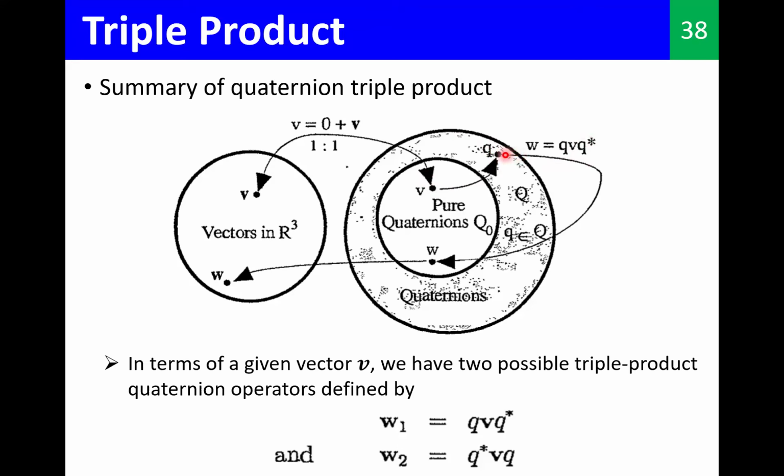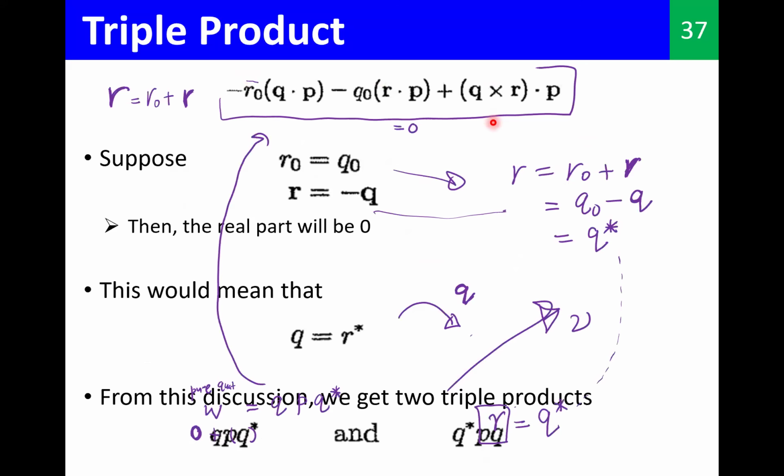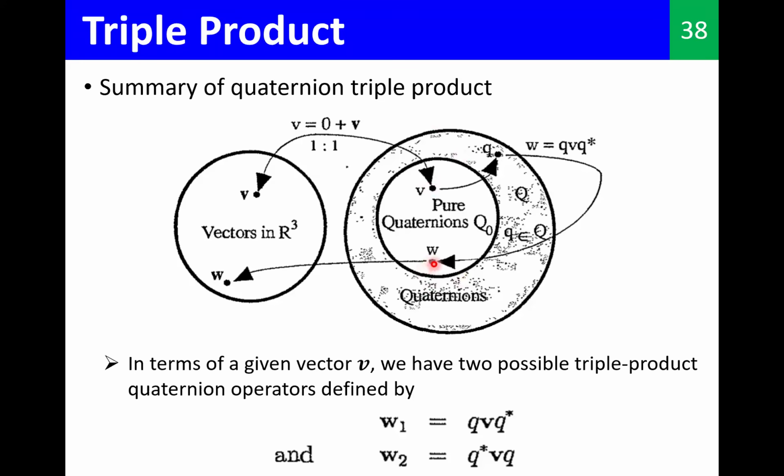And the answer is also a pure quaternion because this part vanished, right? The real part vanished. Therefore, it's a pure quaternion. That means there is a corresponding vector v, sorry, w. Okay, so when q is applied on v, now I manage to get another vector. So there is only few questions left.